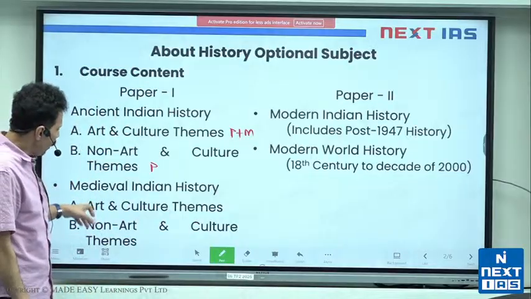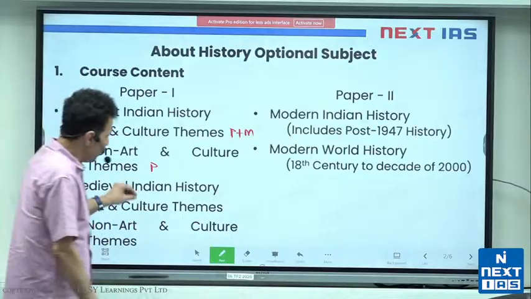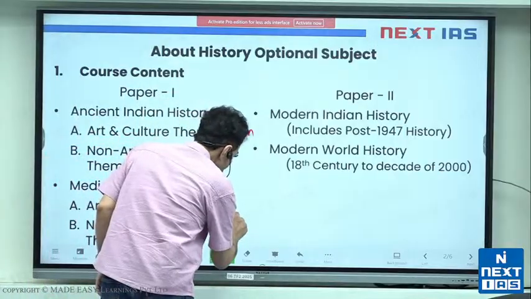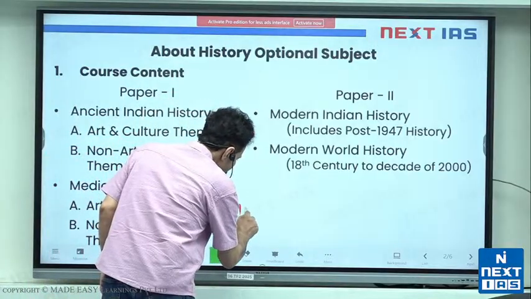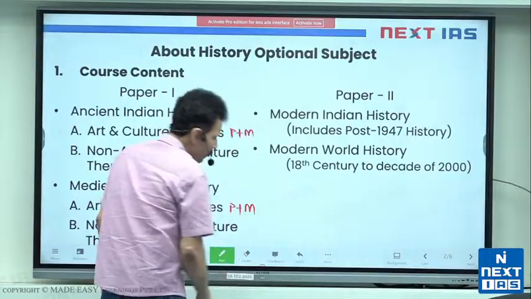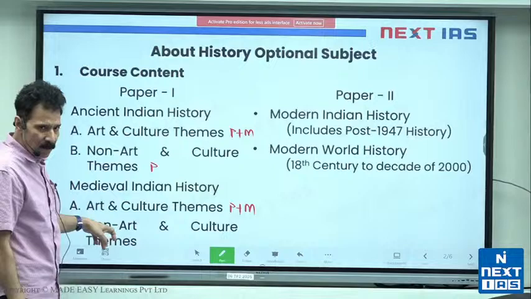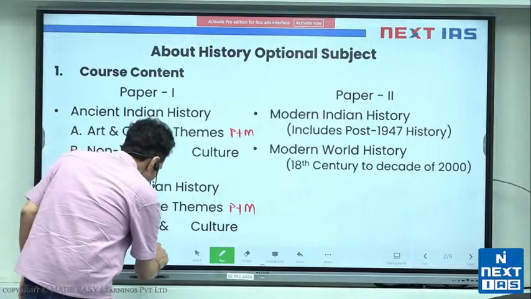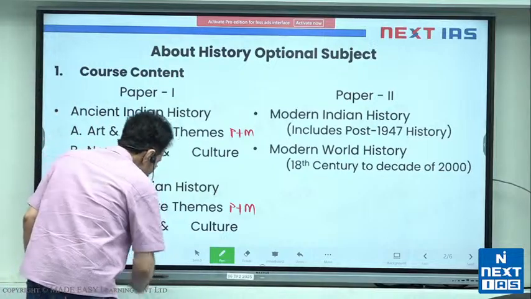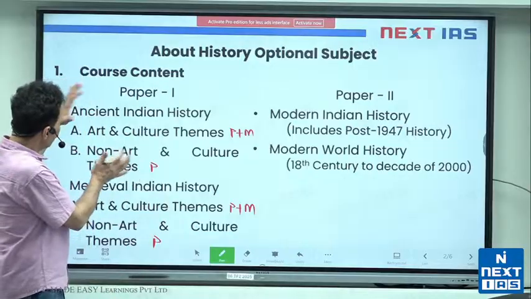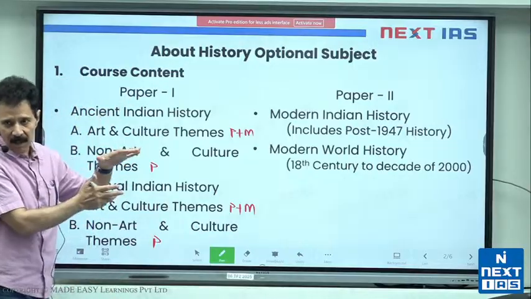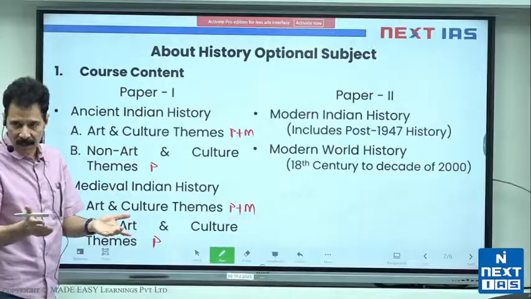Medieval Indian history, art and culture themes: these themes are there in GS Prelim plus GS Main. And medieval Indian history, non-art and culture themes: all these themes are there in GS Prelim. This means the entire first paper of history optional subject is there in GS.